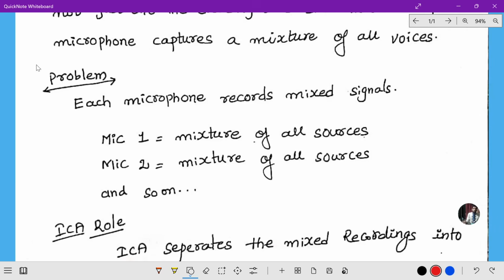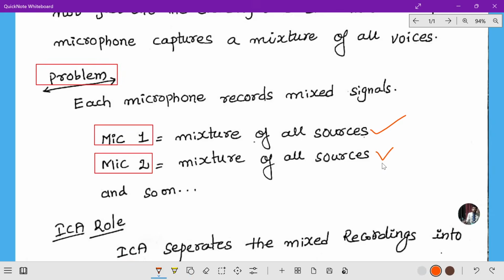Now we'll discuss the problem regarding independent component analysis. Each microphone records mixed signals. When you observe microphone 1, it mixes all the sources.